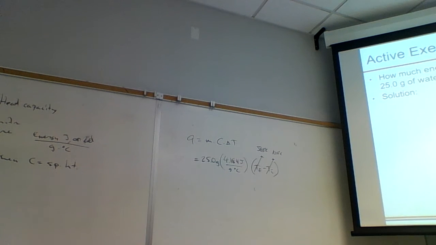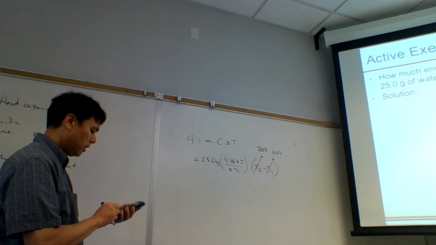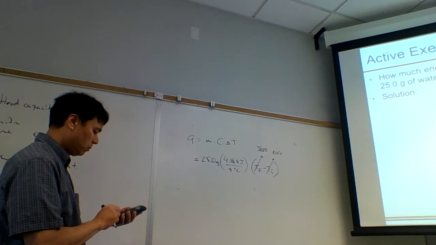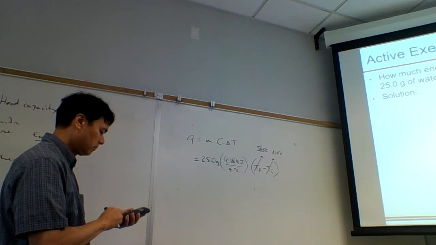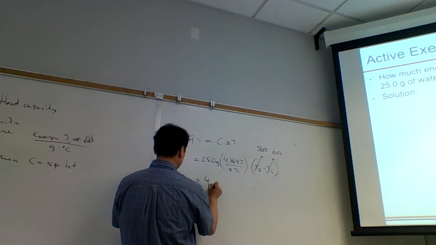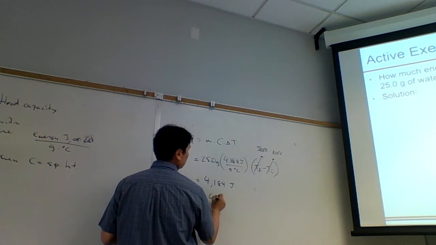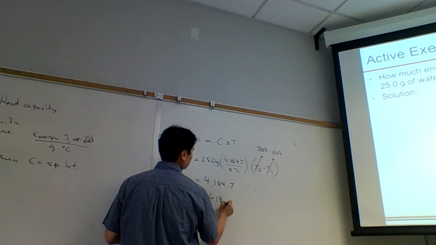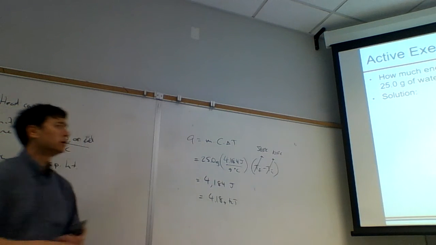So let's go ahead and do the calculation here. The calculation is going to be 25 times 4.184 times 40. So it's going to be 4,184 joules, or 4 kilojoules, if I did that correctly.